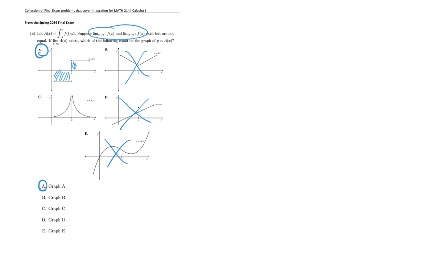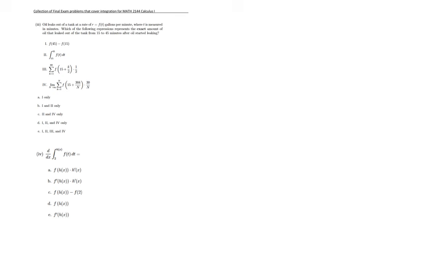As x approaches a from the right and left, I need that limit to exist. So with graph C, we're not sure, because this is going off to infinity, we're not sure if this is an infinite or finite area as it keeps going off. So we need more information about graph C to know what's going on with those asymptotes. I think graph A would be the best answer here.